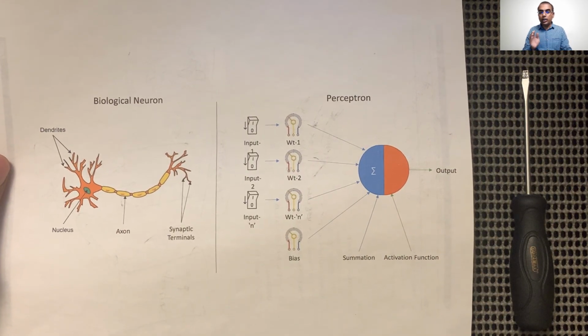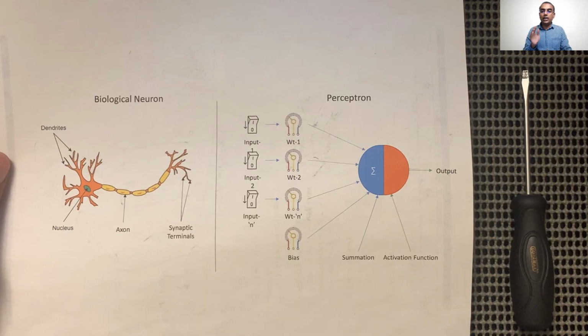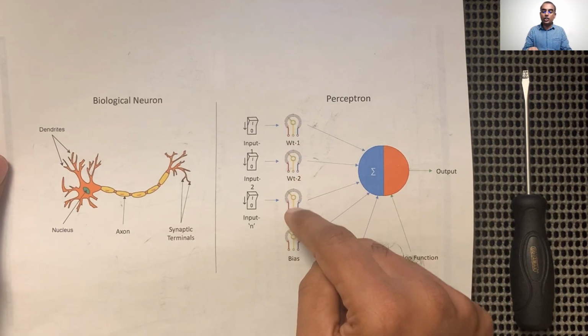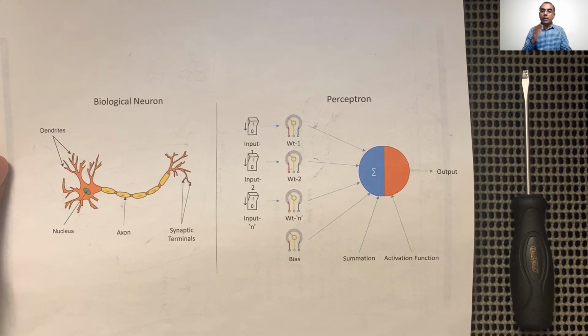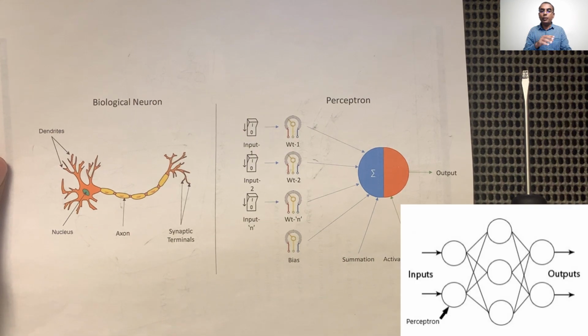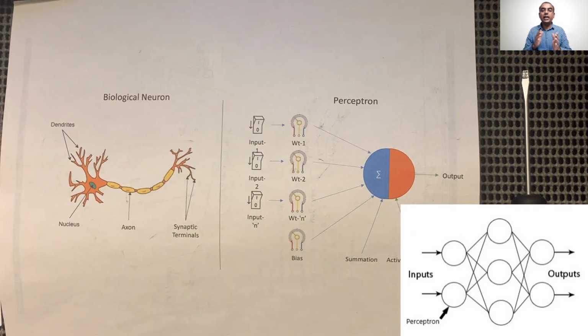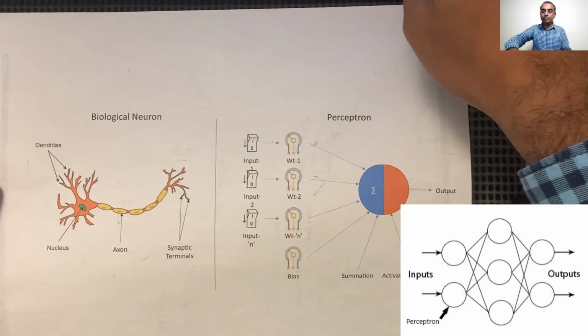The important thing to note about a perceptron is that it can be trained by adjusting these weights. When multiple perceptrons are connected to form a network, they are called a multi-layer perceptron, MLP in short. MLPs are a core component of large language models like ChatGPT, Google Gemini, Meta's Llama, and many others.